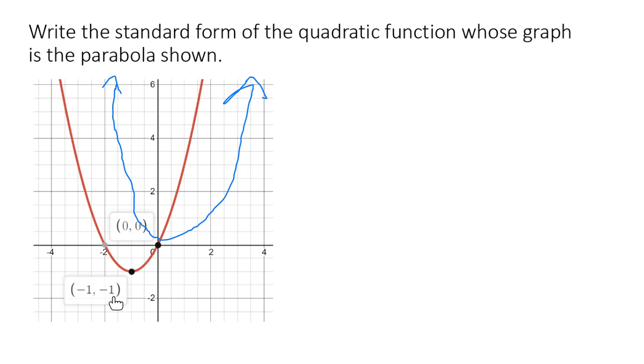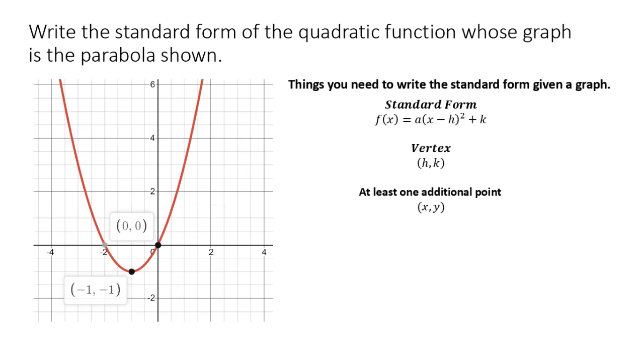So I know how to do that, right? If I can write this in standard form and show that this is my h and k, right? My h becomes a positive 1 and my k is a negative 1. And I'll show you why it's a positive 1, right? So this is our equation for the standard form, a times x minus h squared plus k, where my vertex is h and k.